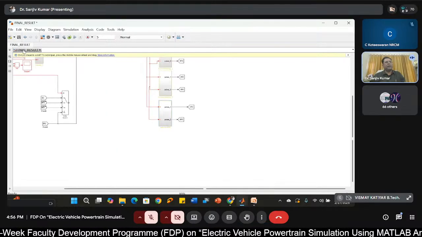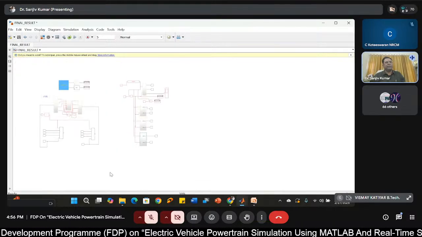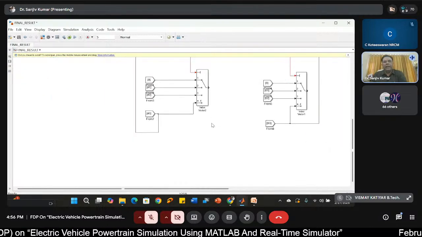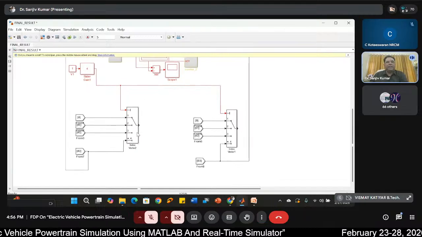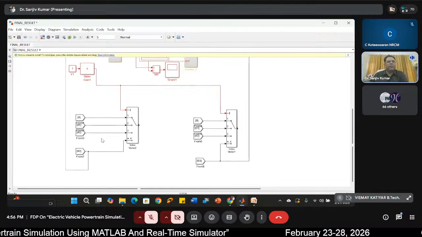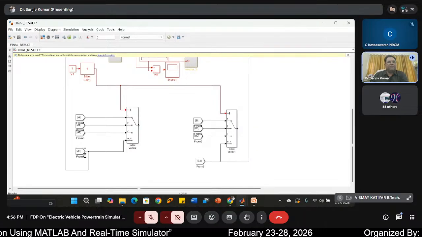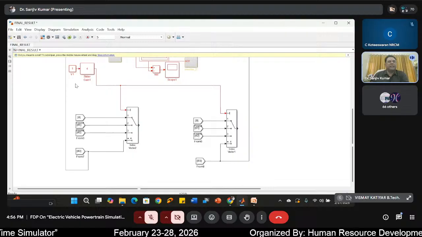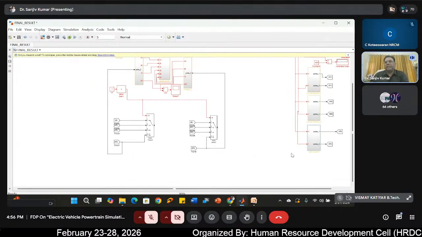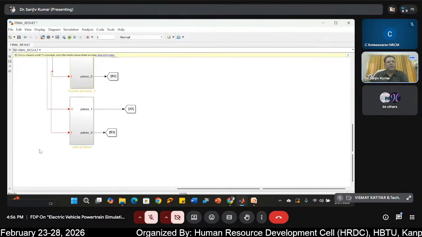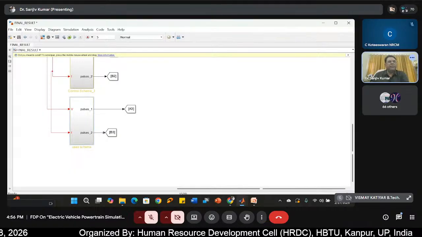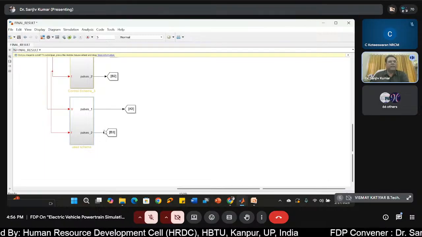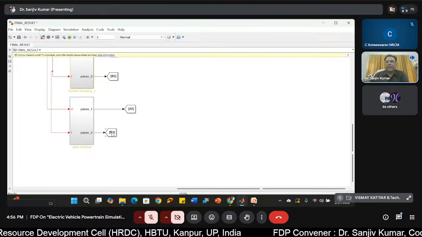Now come to the main circuit again. Here again we did the same thing. As I told you, we have developed four logics here. At present, I am directly using the pulses generated through the fourth logic. Here you can see A3 and B3: for the left side inverter, A3 are going, and for the right side inverter, B3 are going.